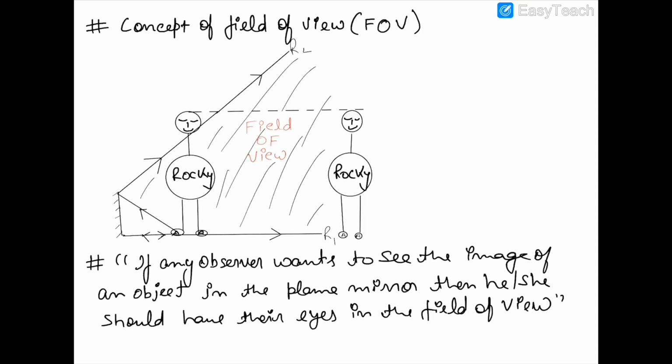If we are in the complete field of view of that object, then we would be able to see that object completely. If we are in the partial field of view, then we will be able to see that object partially. And if we are completely out of the field of view, then we would not be able to see that object clearly.